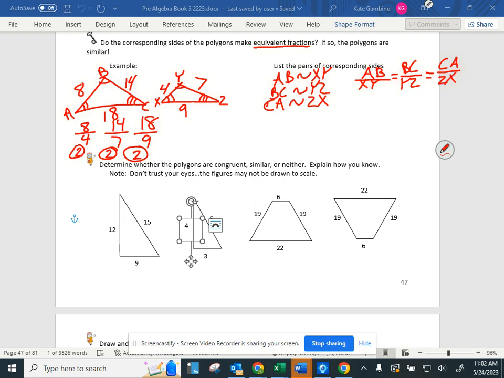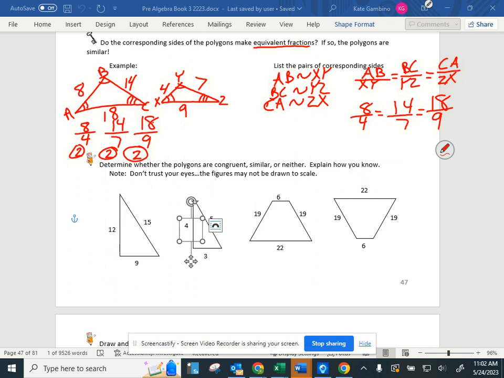Because we did our math, 8 over 4 equals 14 over 7, which equals 18 over 9. So we know that 2 equals 2 equals 2. They are proportionate.